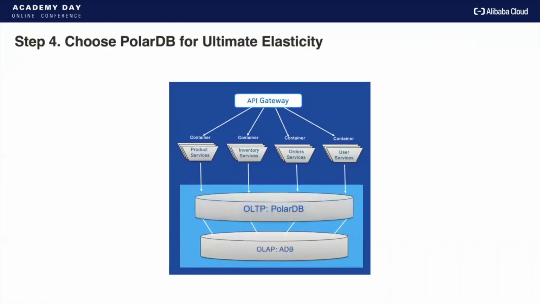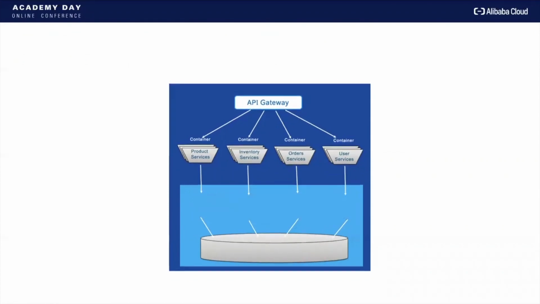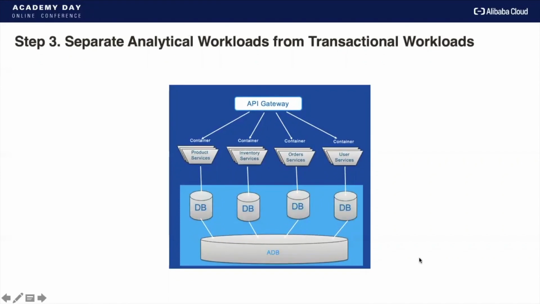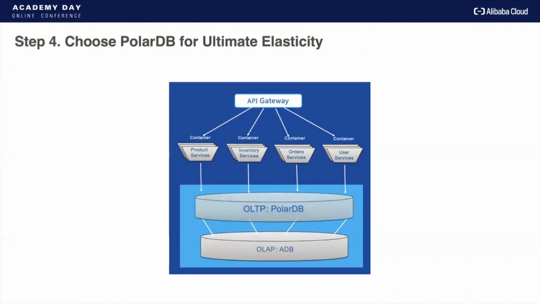Moving forward, another recommendation made by the database architect team was, now that we are talking about separate databases, why not adopt the PolarDB design in the cloud? It's a cloud native database which can scale based on your workloads. You have more orders, it's not a problem. You have more users, it's not a problem. You have less inventory services, less product service calls, that's all good.